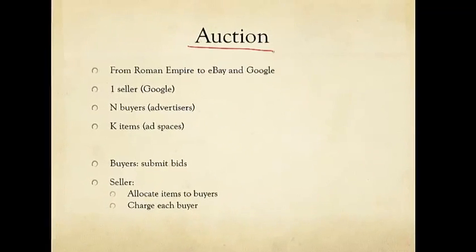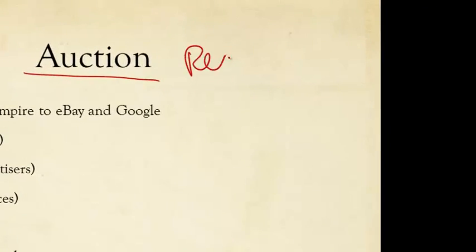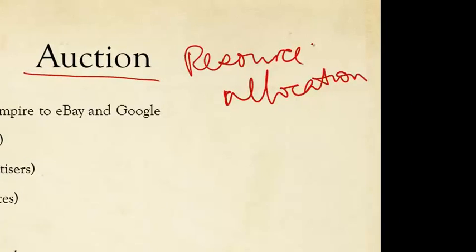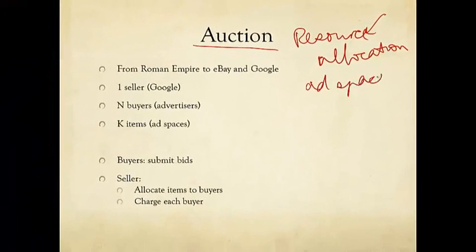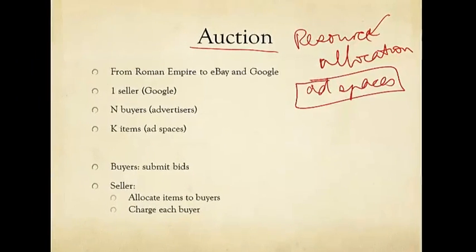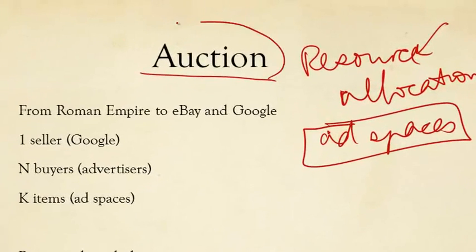So an auction is a particular way to do resource allocation in a crowd or in a network. In this case, the resource is not a signal interference ratio like in the last lecture. The resource in this case is the list of advertising spaces, and the allocation mechanism is auction.